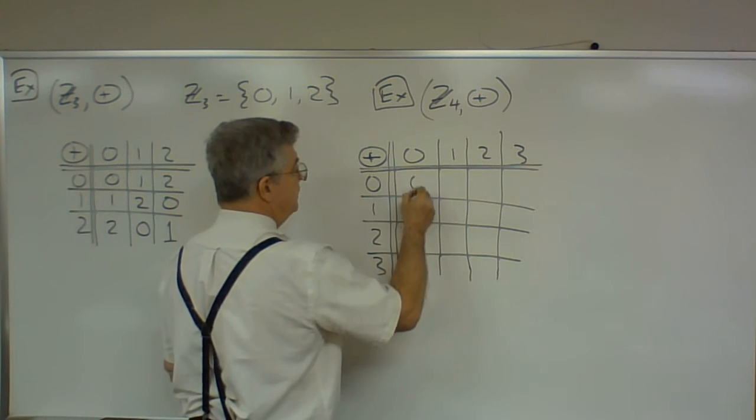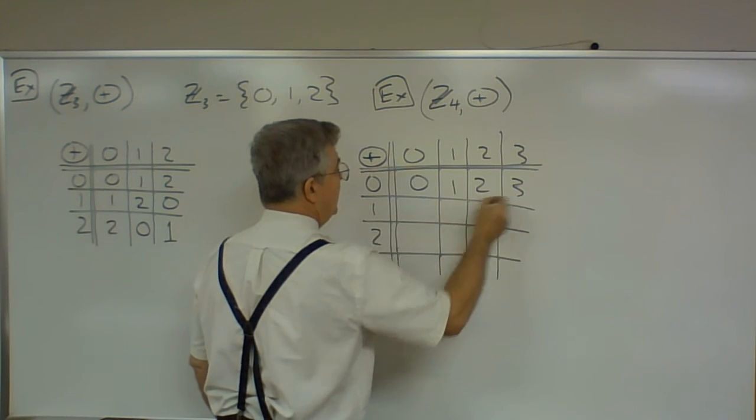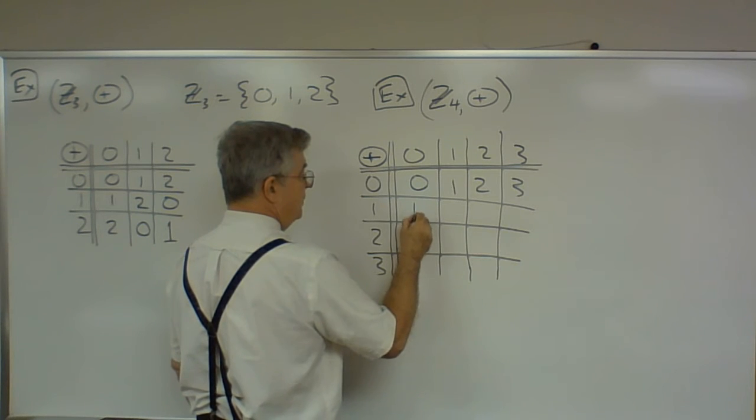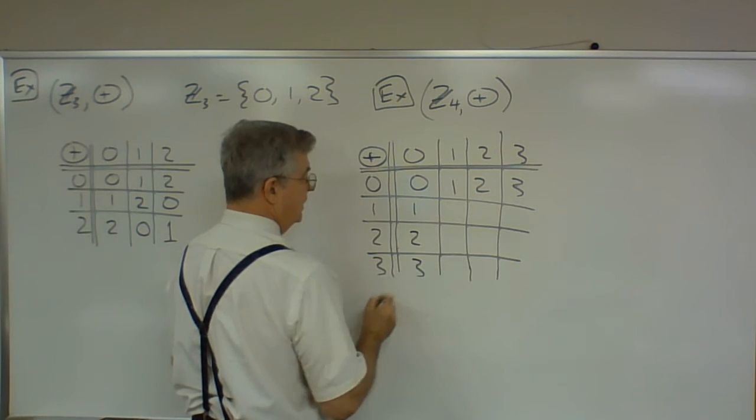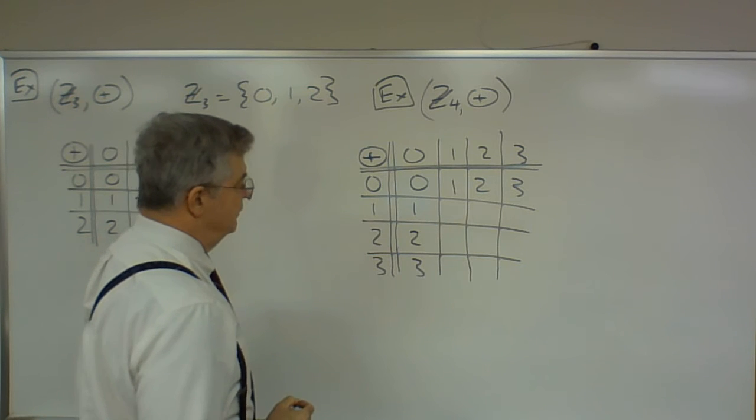Zero is the identity, so we'll fill in the top row and the leftmost column. And now we fill in the other cells.